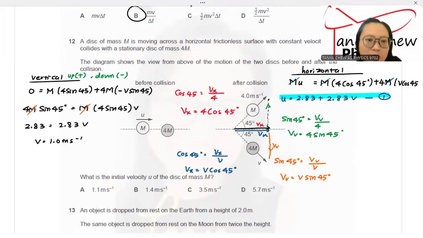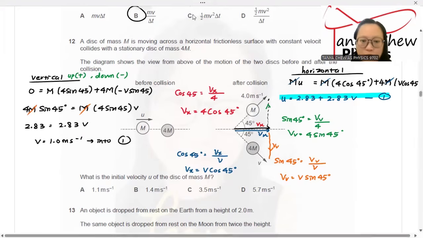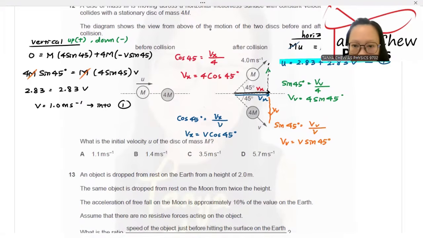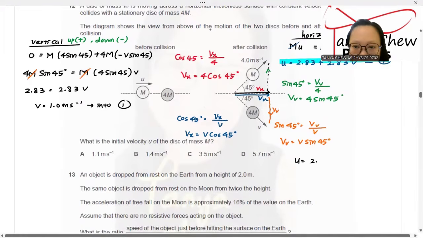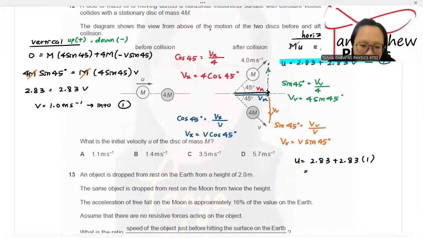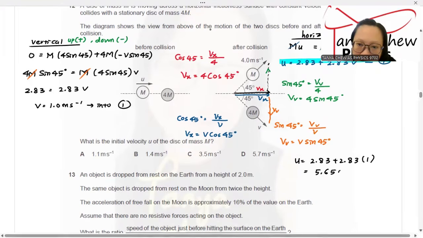Since you get your V, sub into equation 1: U is equal to 2.83 plus 2.83 V. V is 1. Therefore, your answer is 5.65 meter per second. Round it off to two significant figures, you get 5.7 meter per second.